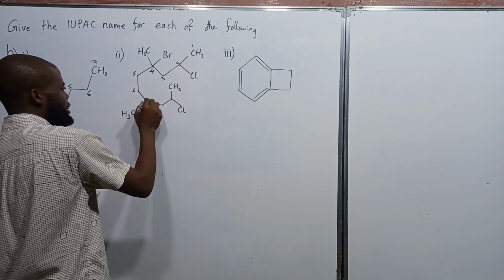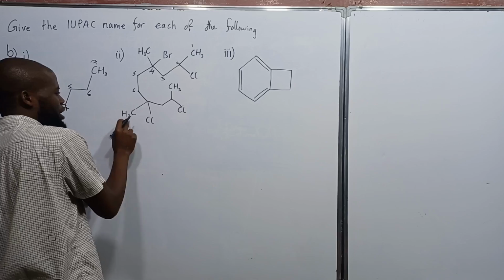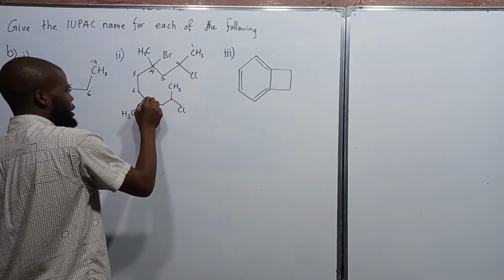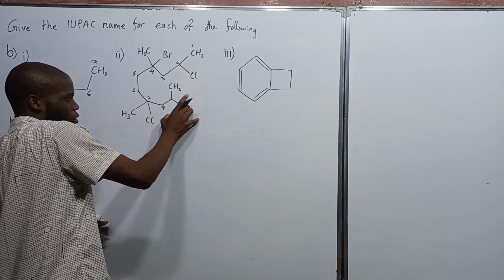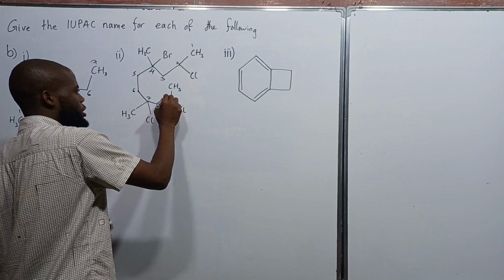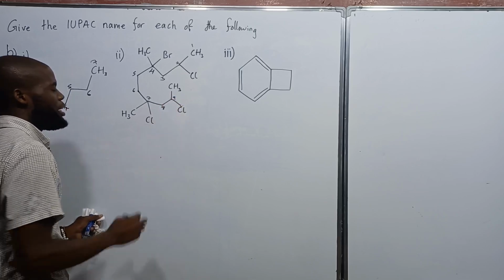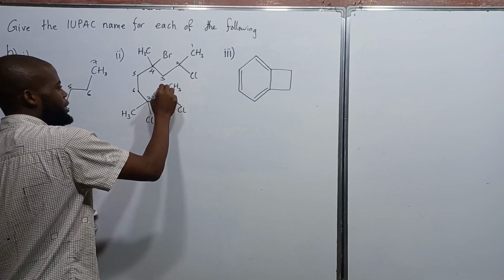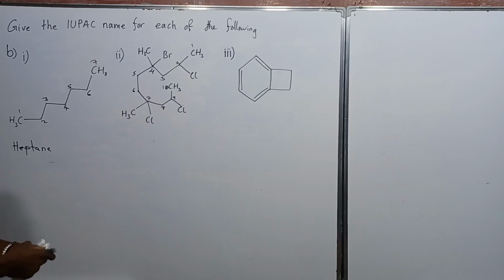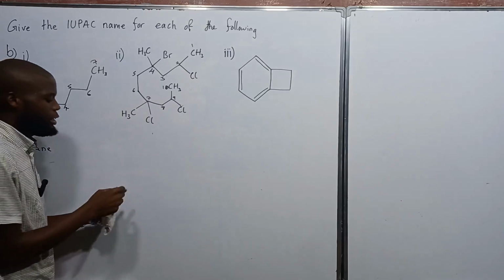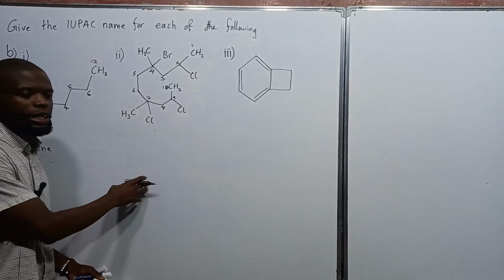This is carbon number 6. Where the methyl and the chloro are attached, this is going to be number 7, number 8. Where the chloro is attached also, this gives us carbon number 9, and this gives us a total of up to 10 carbons. So the longest chain has a total number of 10 carbons.